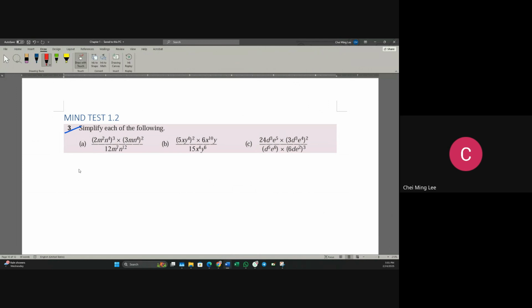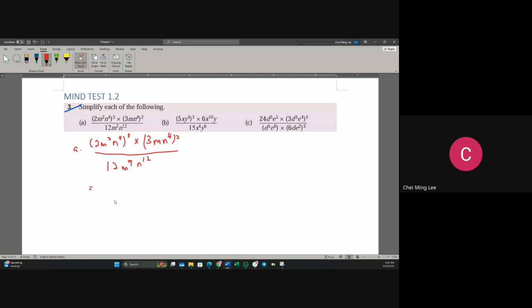Now for A, 2m squared n to the power of 4, 3 times 3 m and 4 to the power of 2, whole thing divided by 12 m^7 n^12. So first, we try to solve all this first.